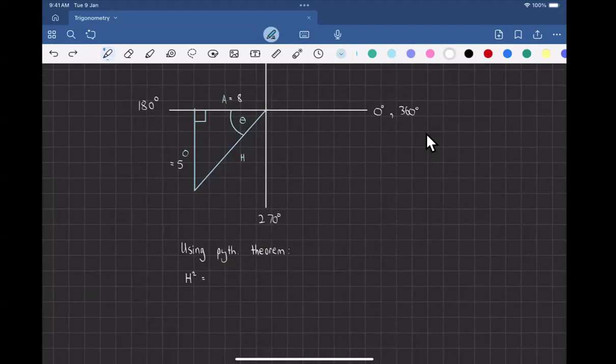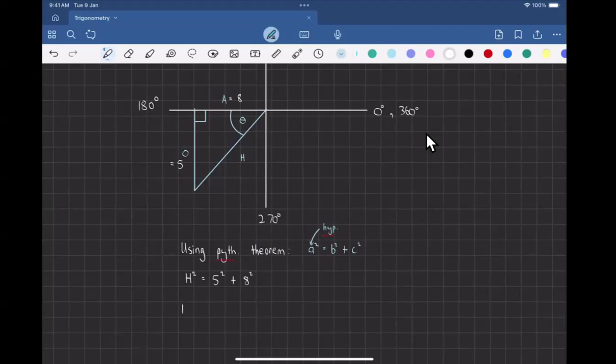Pythagoras theorem is given by a squared is equal to b squared plus c squared, where a is the hypotenuse. So h squared would be equal to 5 squared plus 8 squared.